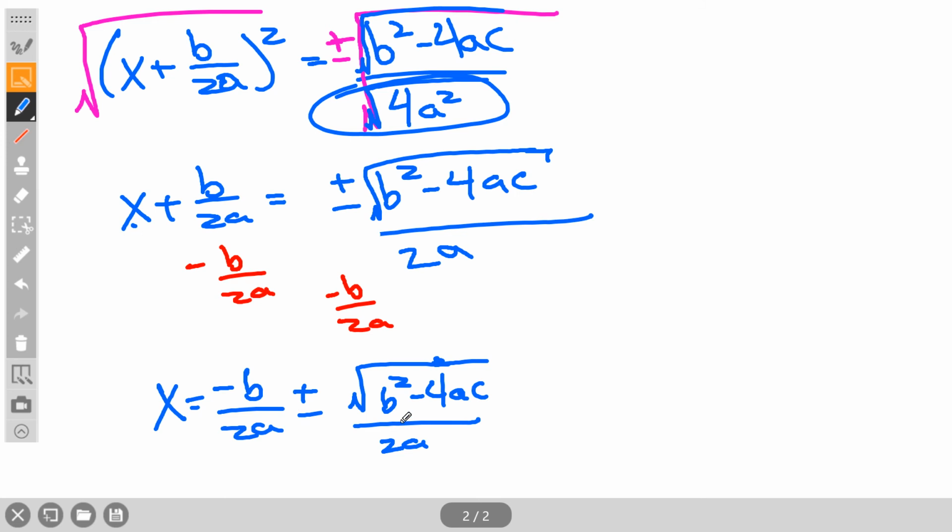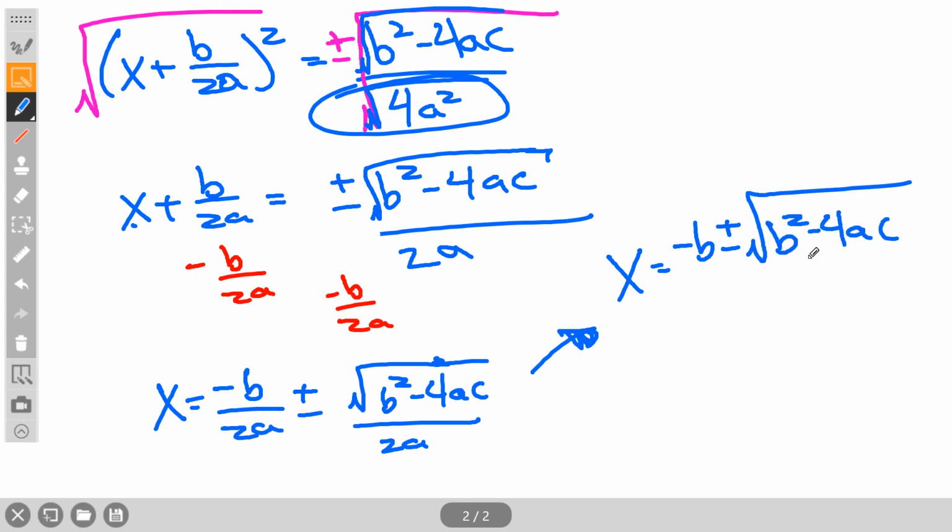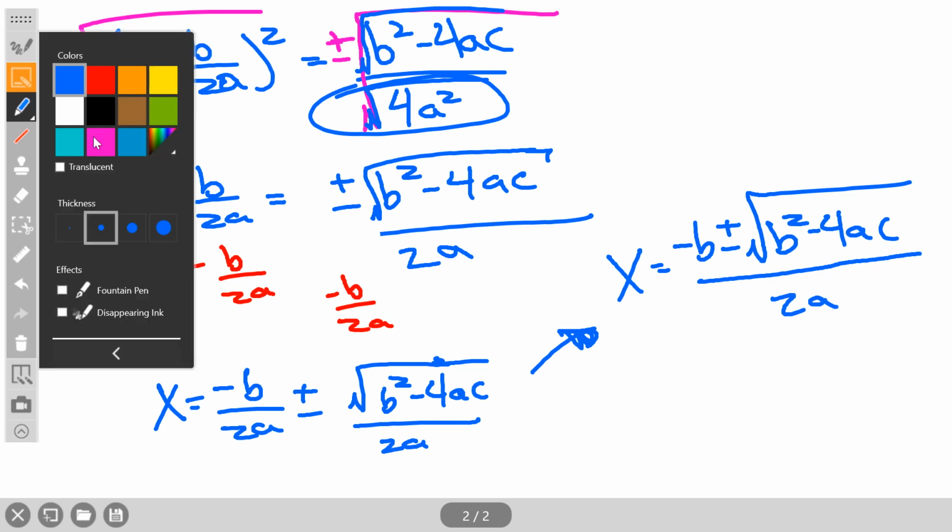And since I have a common denominator here, I can combine these. They have a common denominator of 2a, so I can add their numerators. So I have x is equal to negative b plus or minus the square root of b squared minus 4ac, all over 2a. And that is the quadratic formula.